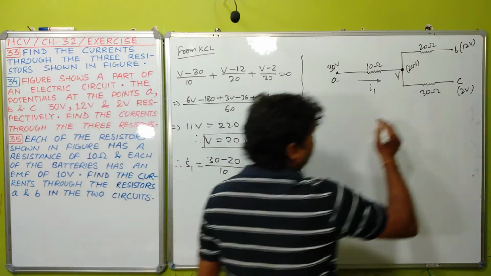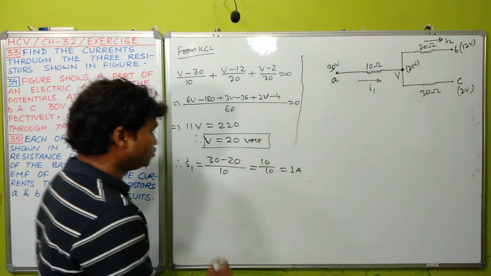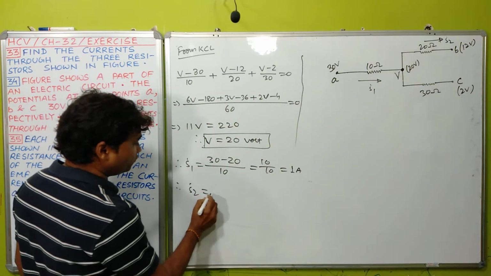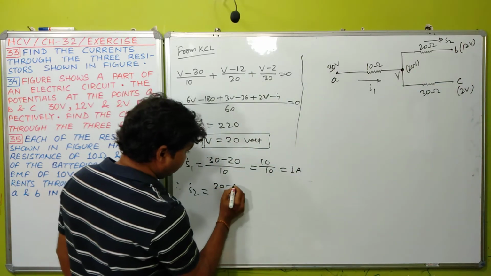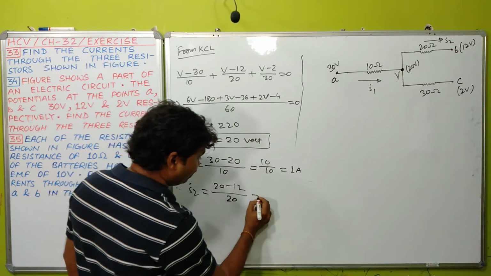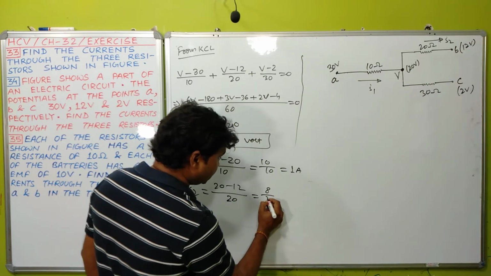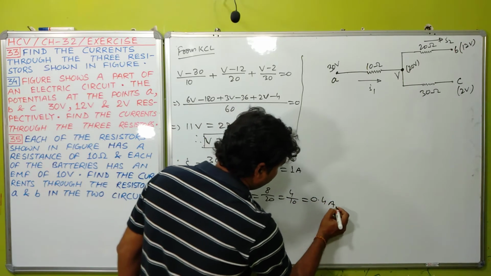Now let the current flowing through this be I2. So I2 will be the potential difference 20 minus 12 divided by resistance 20 ohm, from Ohm's law. This becomes 8 by 20, which is 4 by 10, which is 0.4 ampere.